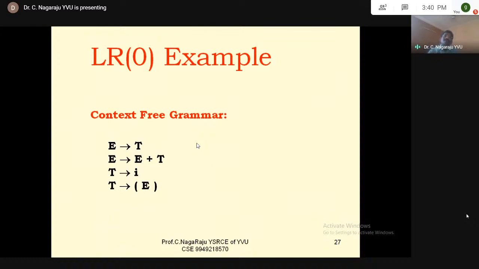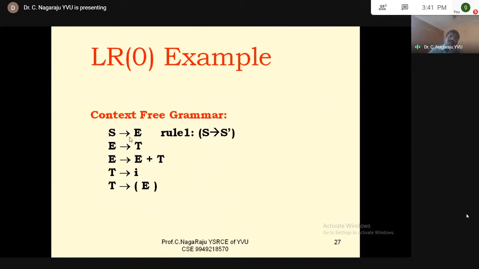So how do you convert the context free grammar to an augmented grammar for LR0 parsers? First, we create a dummy production before the root node. Suppose this is the context free grammar. For this grammar we are adding a separate node, that is S going to E, and E going to E slash, and so on. That is rule one.